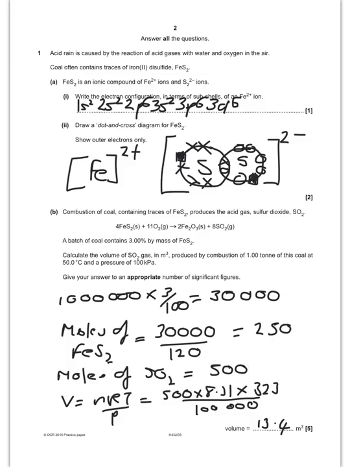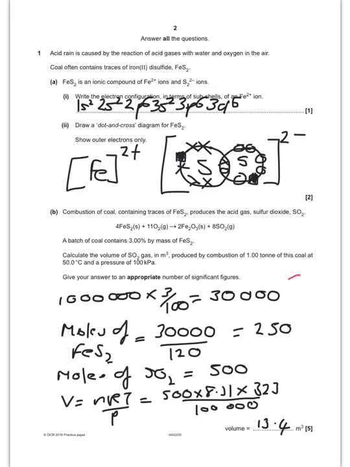The combustion of coal contains traces of this compound, iron 2 disulfide. It wants us to calculate the volume of SO2 gas produced in meters cubed if I combust 1 ton of coal. First of all, we start off with a ton, but only 3% of that is actually FeS2.